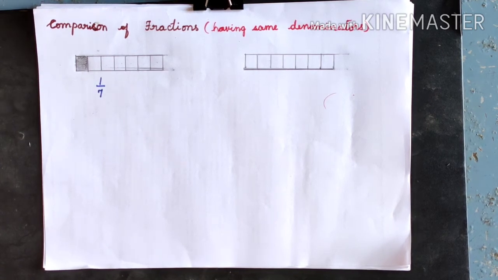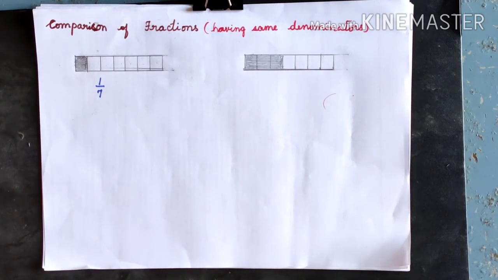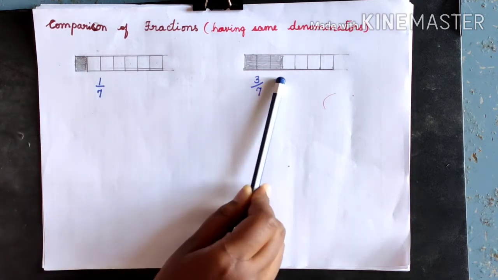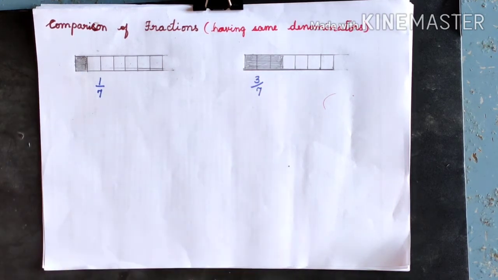If I shade three parts of the other rectangle, the fraction becomes 3/7. Now tell me, are the shaded parts of the figure equal in size? No. Here you can clearly see that 1/7 is smaller than 3/7.